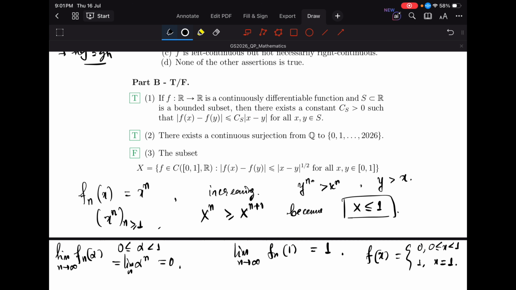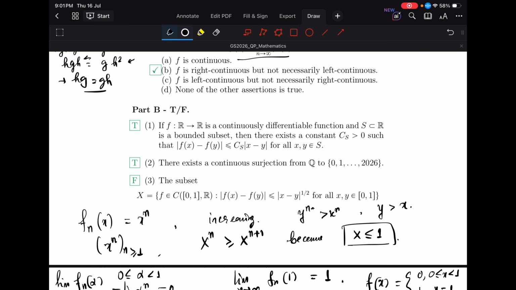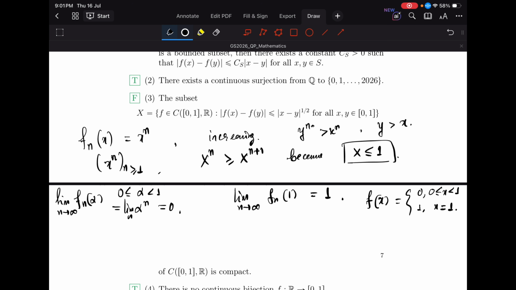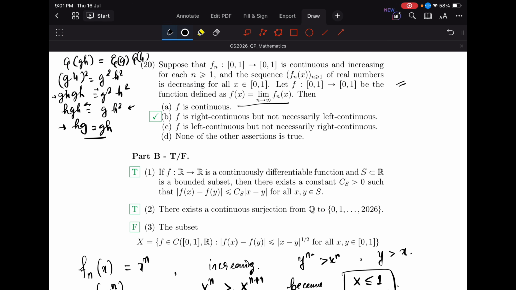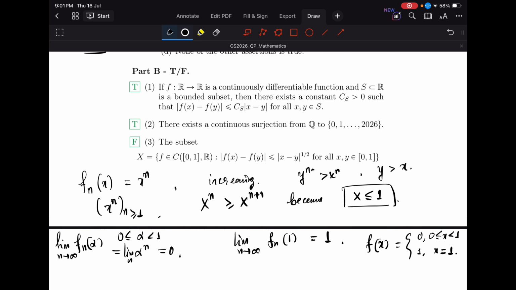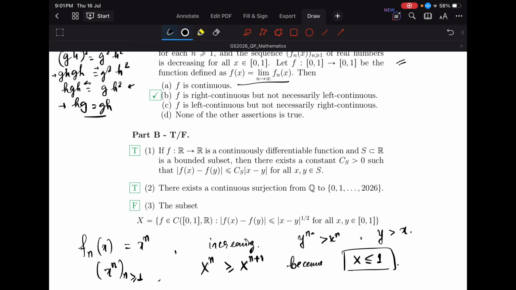So clearly the function is not left continuous, right? The function fails left continuity at 1. The function is not left continuous, but it is right continuous. So it seems like option B will be true.